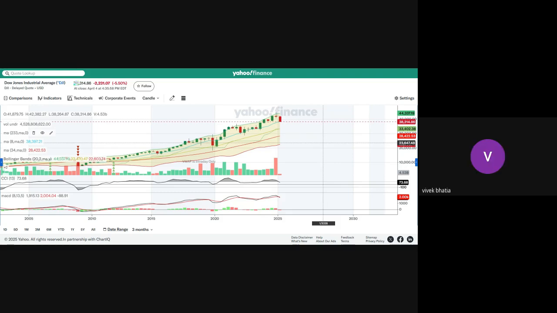Why 33,402? That happens to be your mid Bollinger Band as well as your moving average of 34, as well as your support zone, which was created in 2020 also. So if we can see something over here, the four candles we see after 2020 actually plateaued and allowed it to fall further.